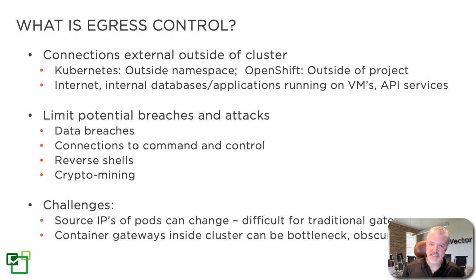So those things can change. Sometimes they can also be reused and it wasn't even for the same pod. Container gateways inside a cluster can be a bottleneck and can also obscure the source. This has more to do, I think, with Istio. I'll talk a little bit more about this, but obscuring the source can be a problem, not to mention the performance around a bottleneck.